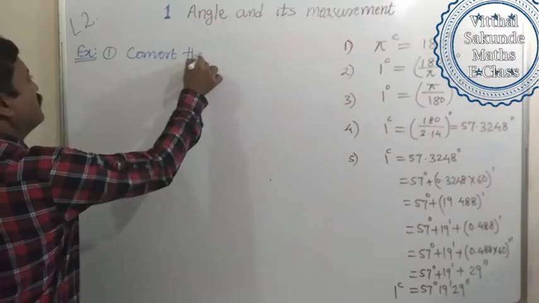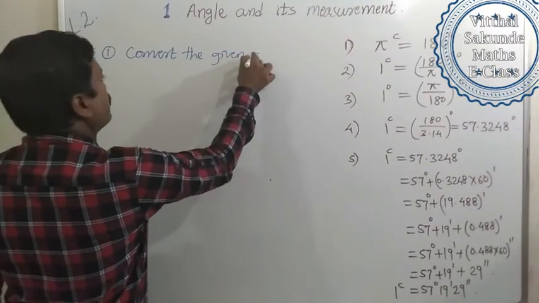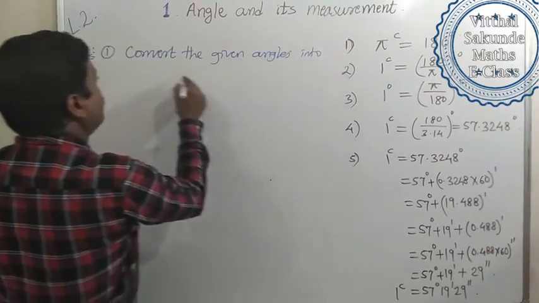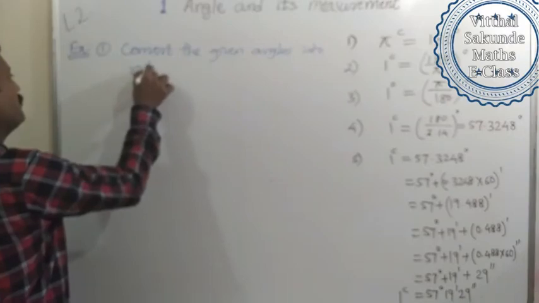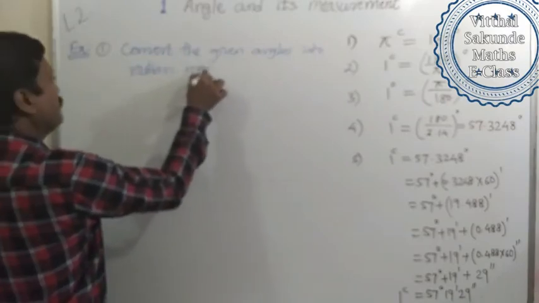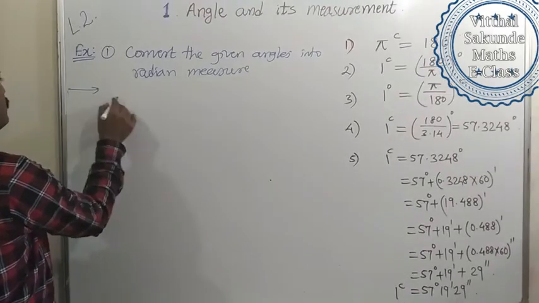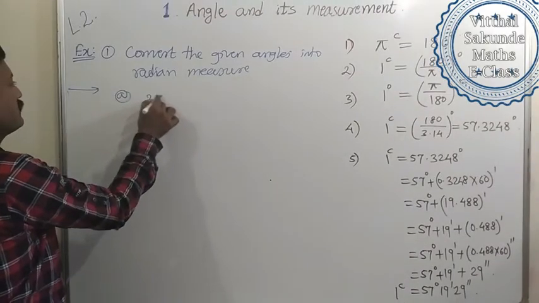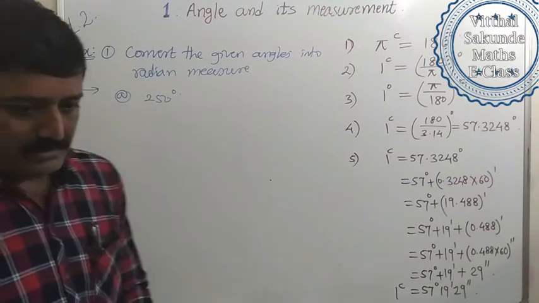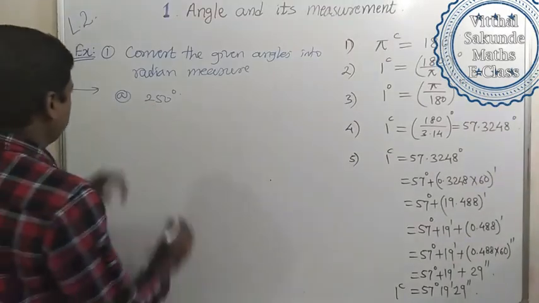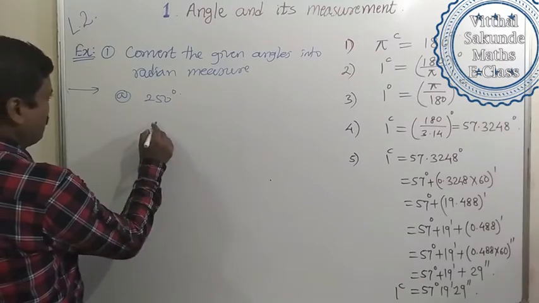Convert the given angles into radian measure. Let us see one, that is 250 degree. Suppose if the measure of angle in degree is given 250, then what is our formula?